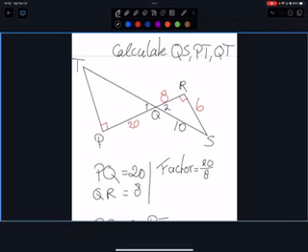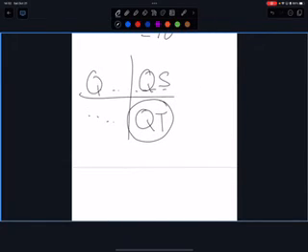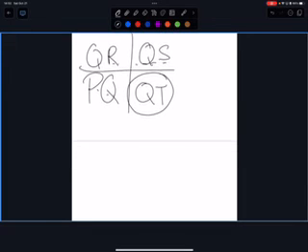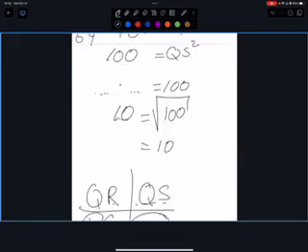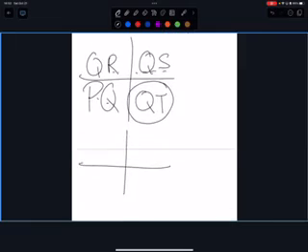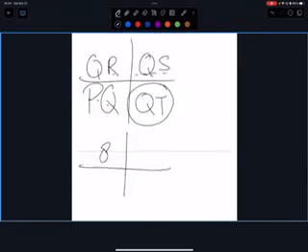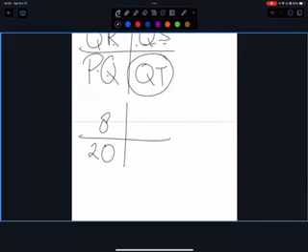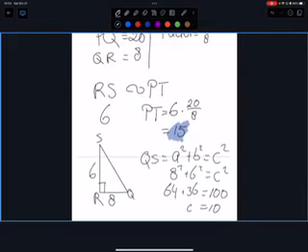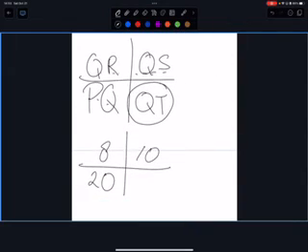So PQ. Correct. QR and PQ. So here you have QR and this is PQ. And now you fill it in. QR equals 8. PQ, 20. QS, 10.